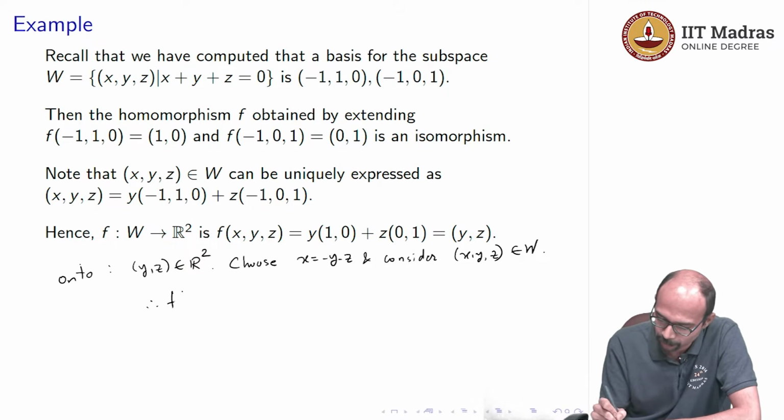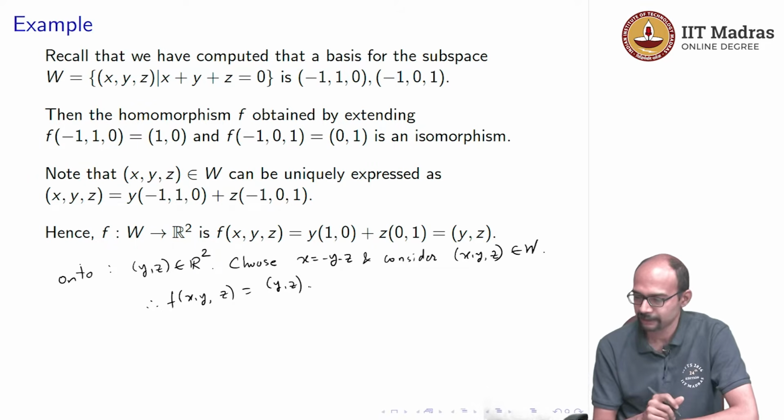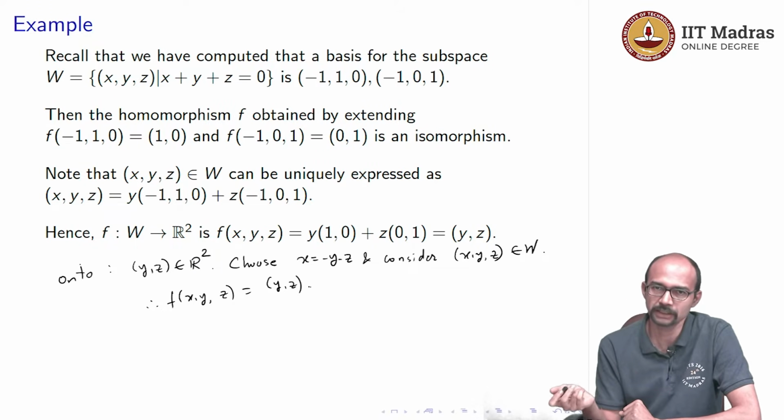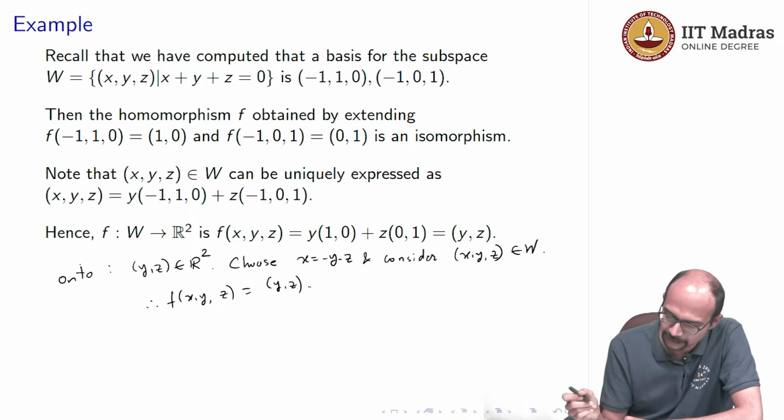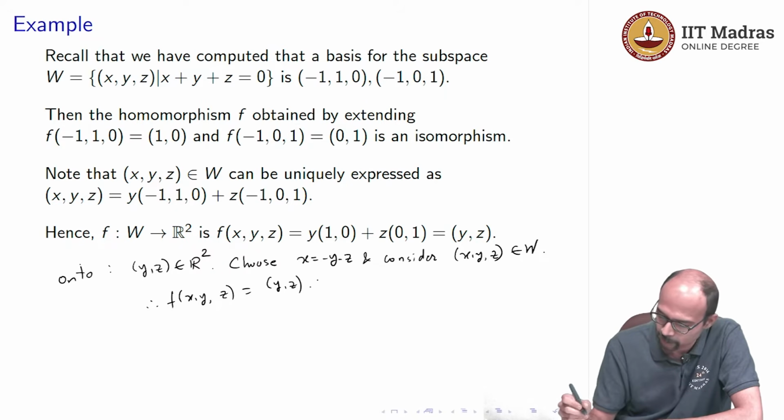So therefore, f of (x, y, z) is (y, z), right. So you have to choose x, otherwise we do not know (x, y, z) is in W. So you have to get something which is in W. So therefore, it is onto.